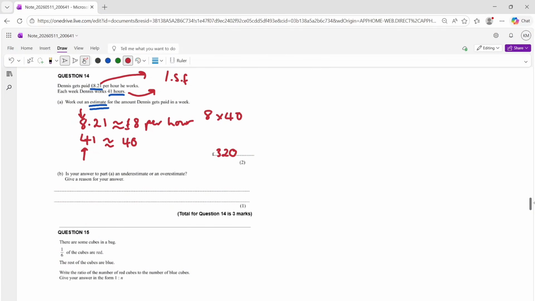Is your answer an underestimate or an overestimate? Well, I've rounded down the amount he gets paid, so this would be less. And I've rounded down the number of hours that he's worked.